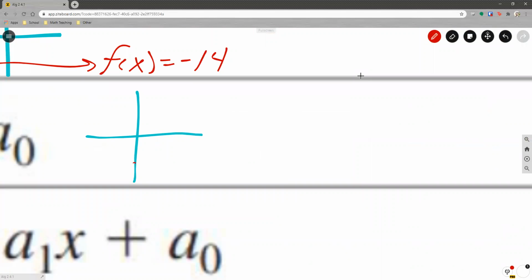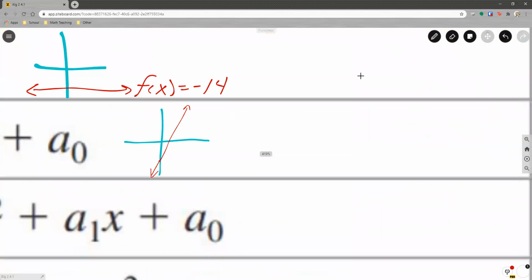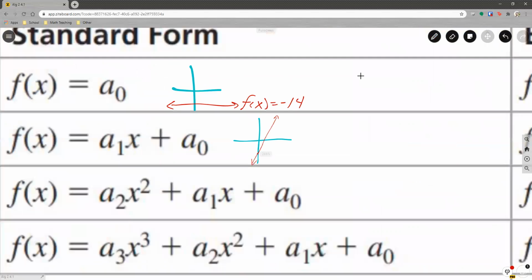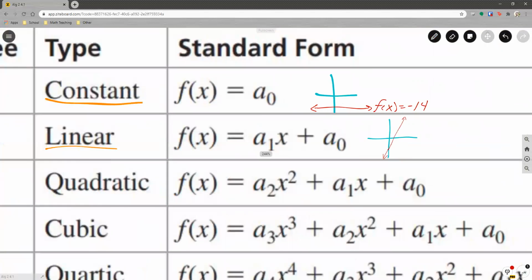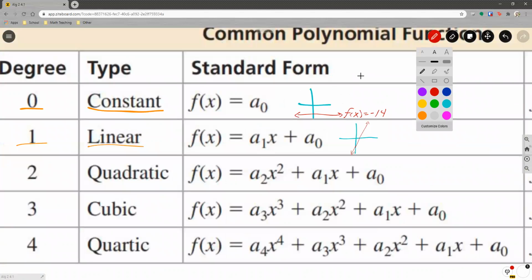My -7 is my y-intercept, and my slope is 5x. And my graph would look something like that. Some kind of linear graph that cuts through the x-axis at some point. So it's a linear.